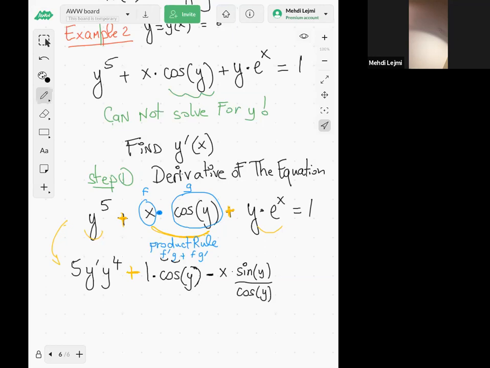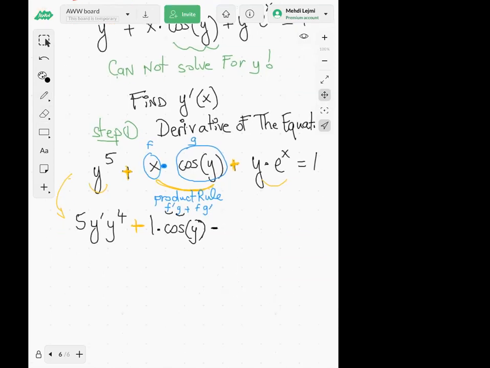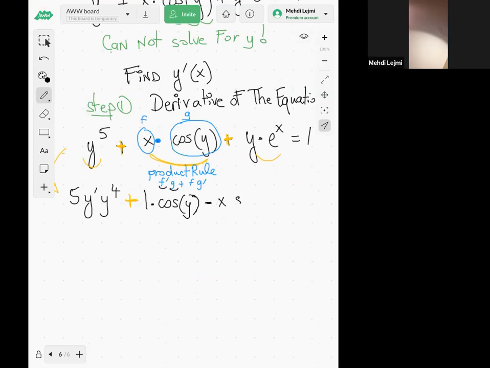I mean, this is not like a natural log of cosine of x. Okay, so times x times the sine of y. Not enough. Yeah, there's one missing term.